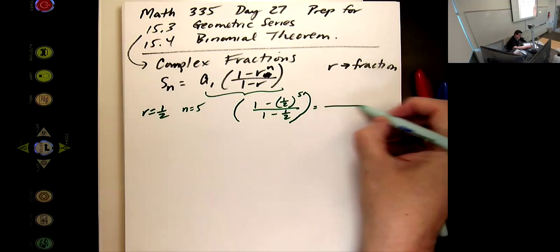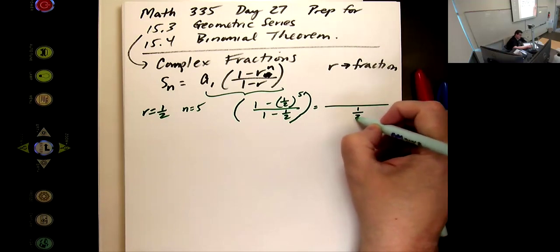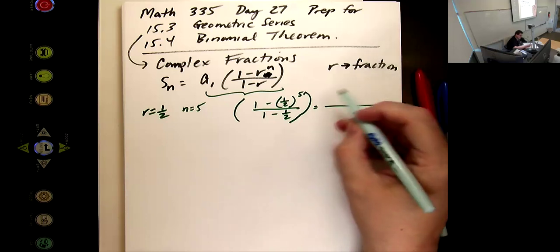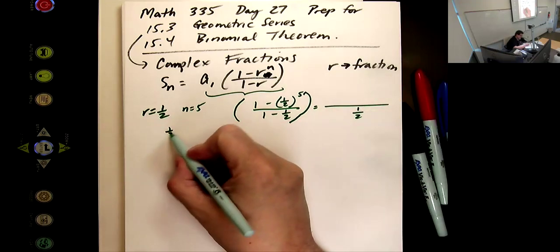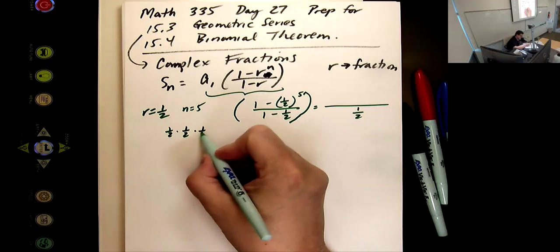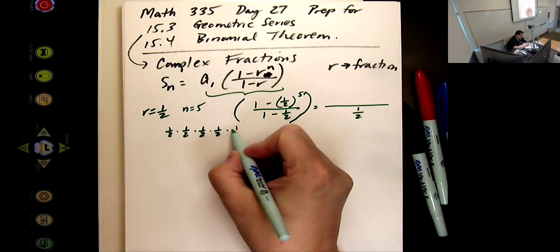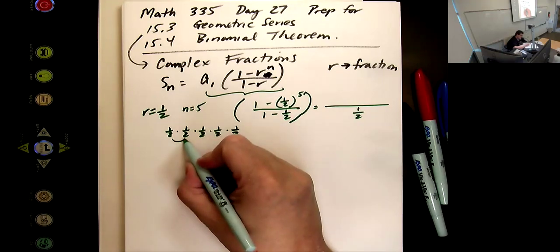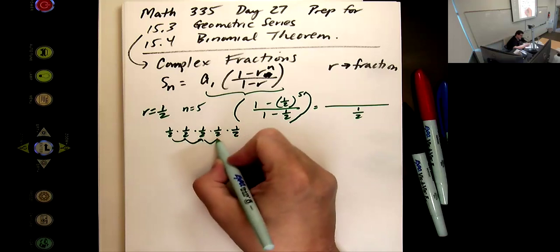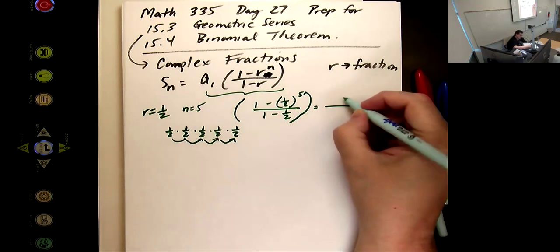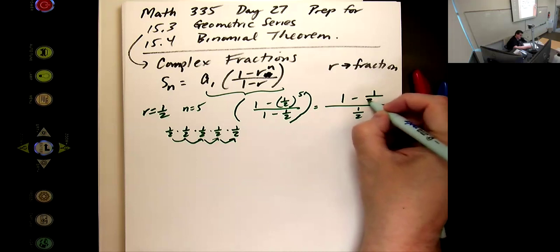So the bottom is 1 minus 1/2, which is just 1/2. 1/2 to the 5th power: two times 2 is 4, 8, 16, 32. That is 1 minus 1 over 32.